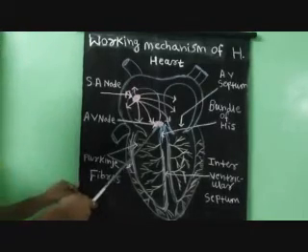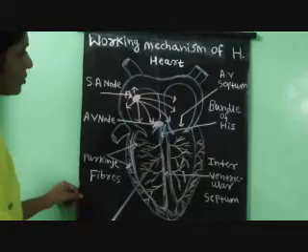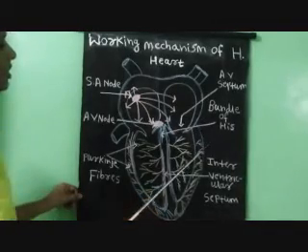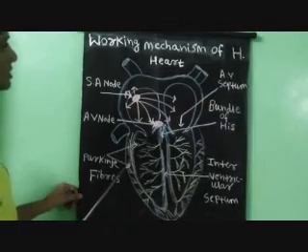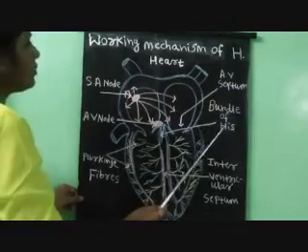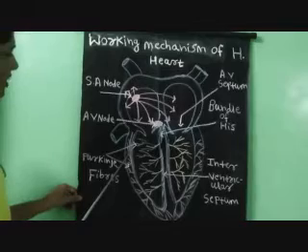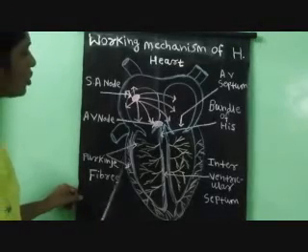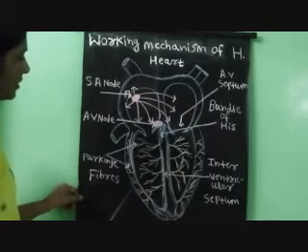AV node gets excited and sends that impulse of contraction toward bundle of His present in the wall of ventricles. Bundle of His gives that wave of contraction toward Purkinje fibers and it spreads all over the wall of ventricle.